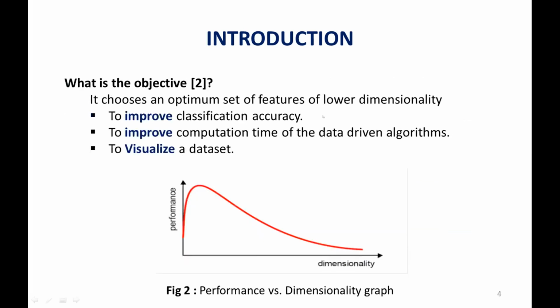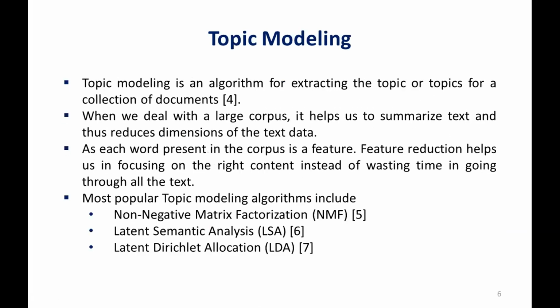So we generally reduce the dimension of data to improve classification accuracy or the computation time of any data driven algorithm, or to visualize the data set in a better form. In figure 2, with an increase in dimensions, performance increases initially, but if dimensions are more than needed, the performance of any algorithm would decrease.